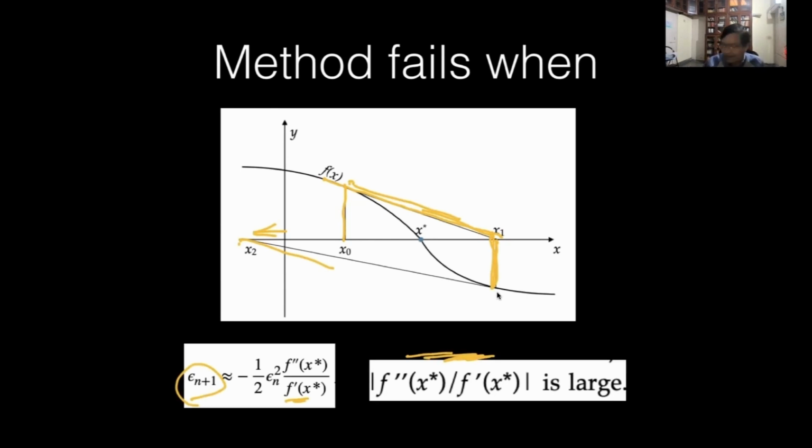So you have to watch out for this kind of scenario. The bisection method, though it is slow, is always going to converge. Newton-Raphson is a great method, but it works only when this quantity is not large.